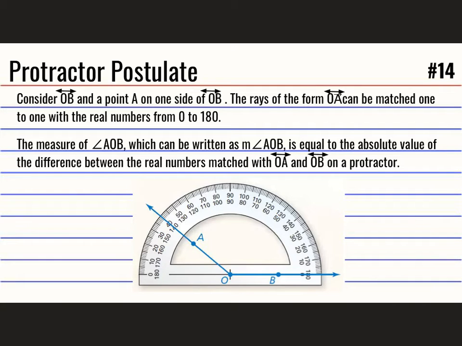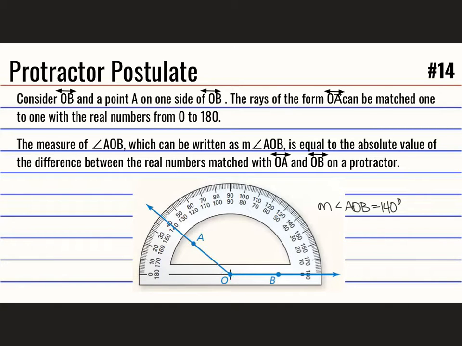So essentially the difference between this ray and this ray. So if I look at this particular angle here, I would say that the measure of angle AOB is equal to 140 degrees. Now, how do I know that it's 140 degrees?